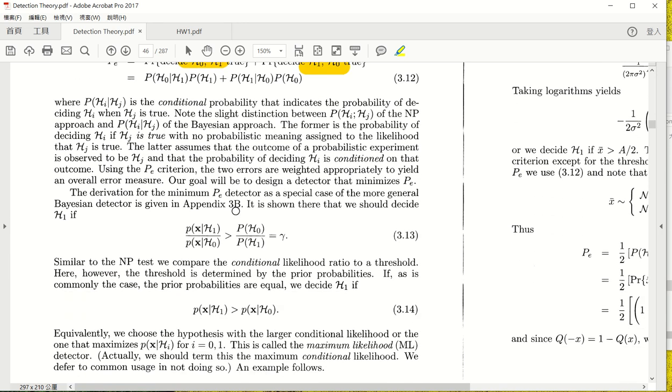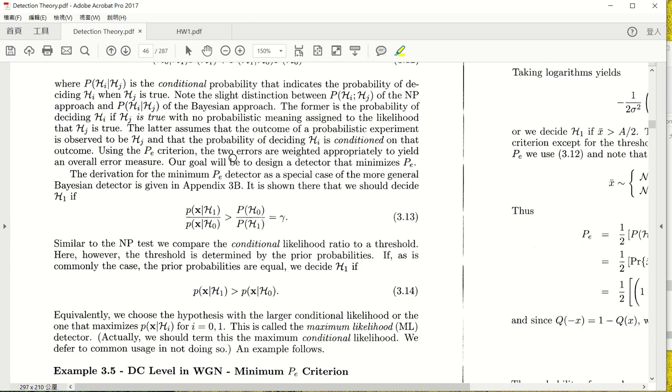And then the minimal error detector is like this. You have a probability of x conditional on H1. In fact, you just multiply it back, and it is probability of x conditional on H1 multiplied by P(H1). And if you get this term back to here, it's x conditional on H0, P(H0).